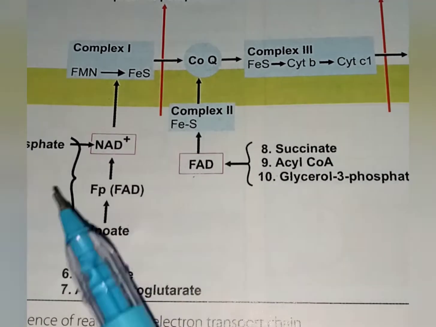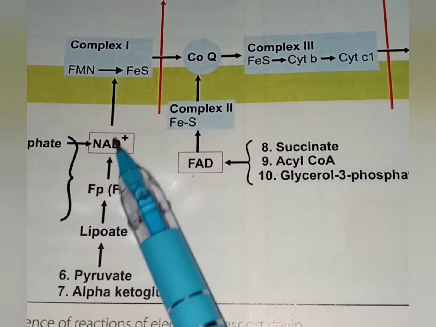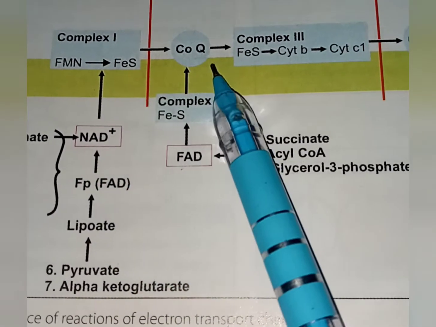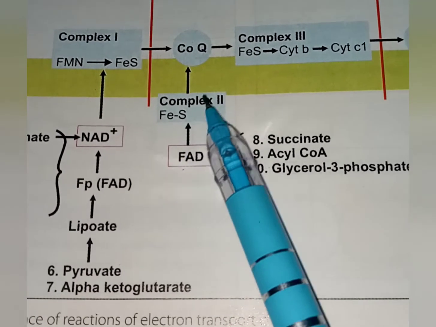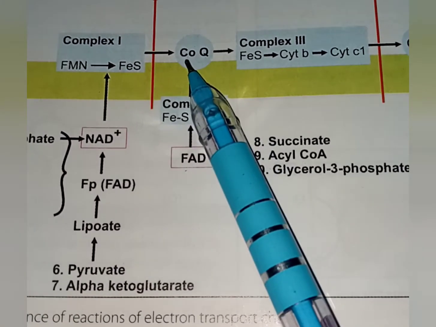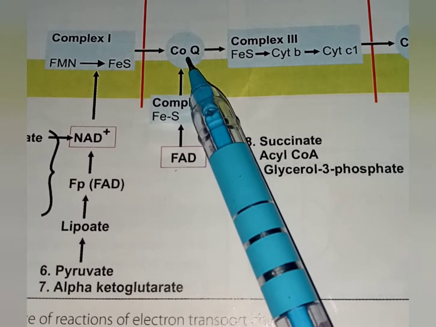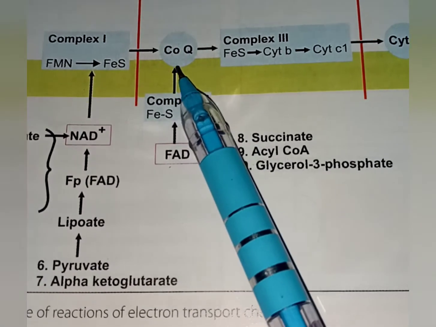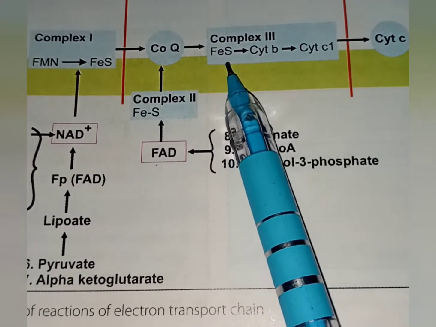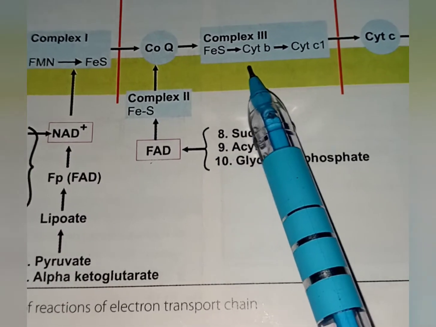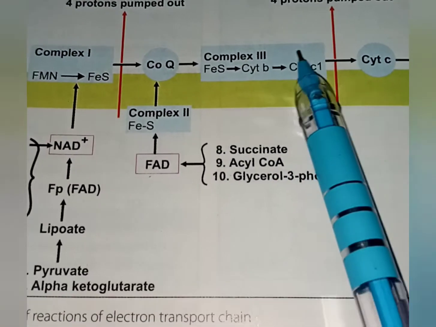So this was complex 1, it has got electrons, and it has transferred them to ubiquinone. This is complex 2, it has got electrons, and it has transferred them to ubiquinone. Ubiquinone will get converted to ubiquinol. Now the electrons will be transferred to complex 3. Complex 3 is what? FES is getting converted to cytochrome B, then cytochrome C1.